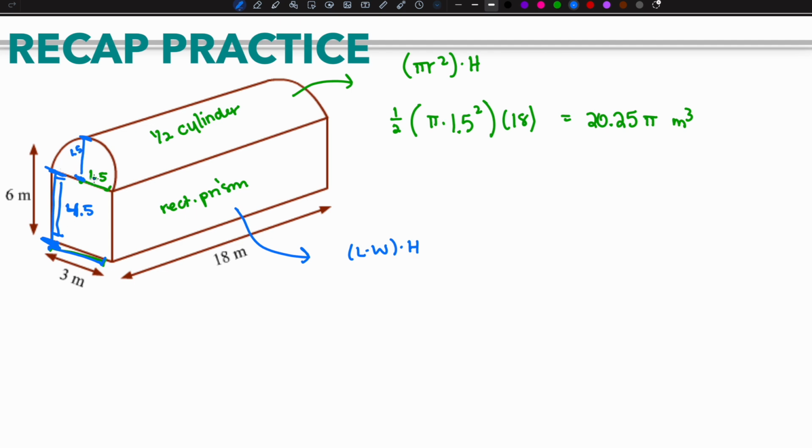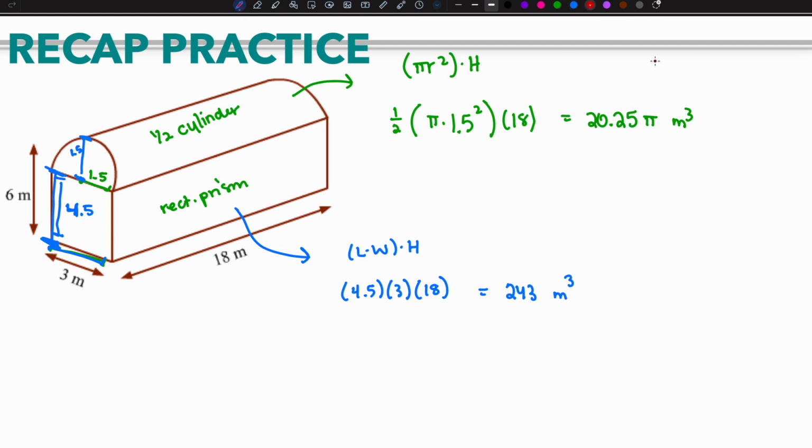Again, this is 1.5 because the radius is 1.5, which means you can draw it all the way around to be 1.5. So therefore, the length is 4.5. The width is 3, and the height of the whole thing is 18. So if I multiply that together, I will get 243, and again, that is meters cubed.